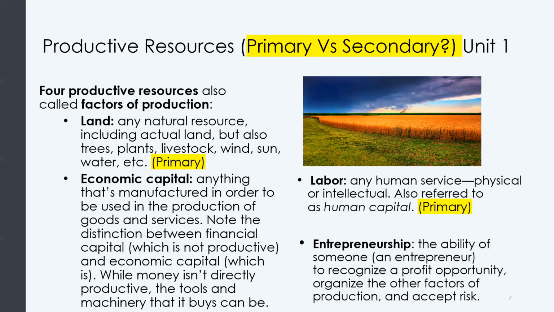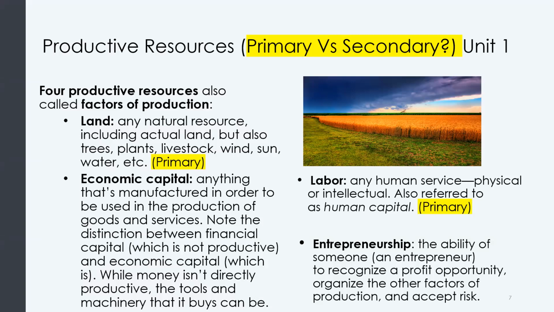So your question is, what is it that cash can buy for you, right? If you need a tractor, you need some equipment, anything that is man-made that you use in the production process becomes economic capital, right? So I'm sure you can already see why we don't talk about financial capital.